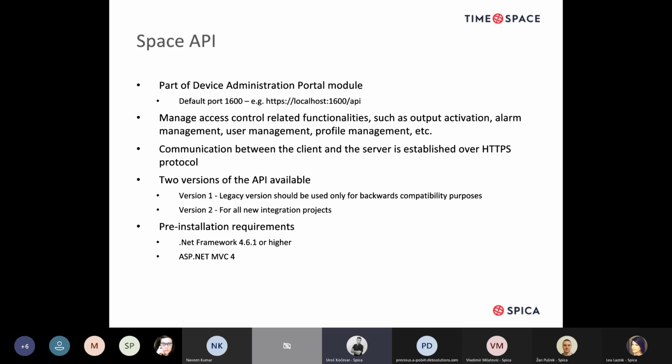Through the API, you can activate an output, deactivate an alarm, add users into the system, assign them badges, etc. The communication between the client and the API server can be established only through the HTTPS protocol.